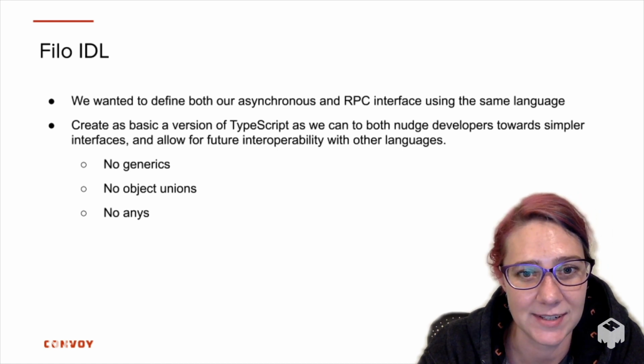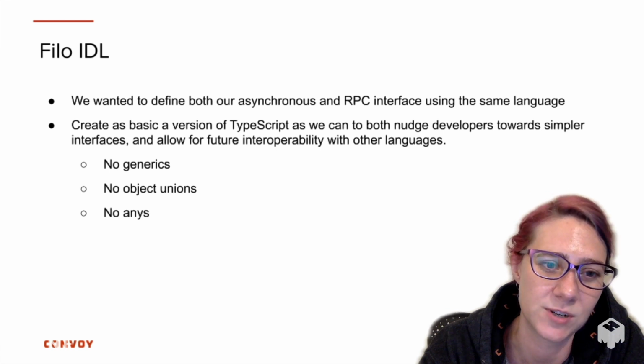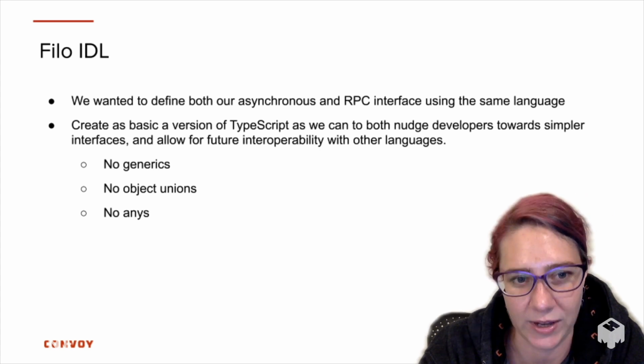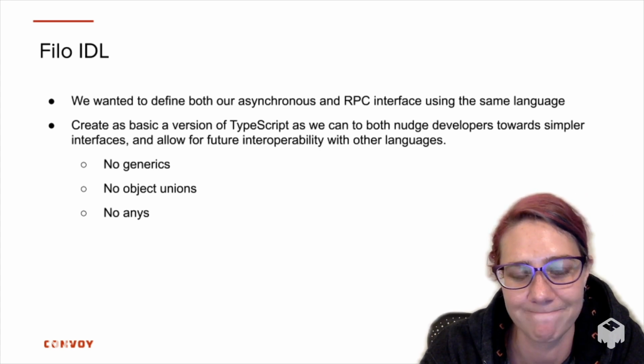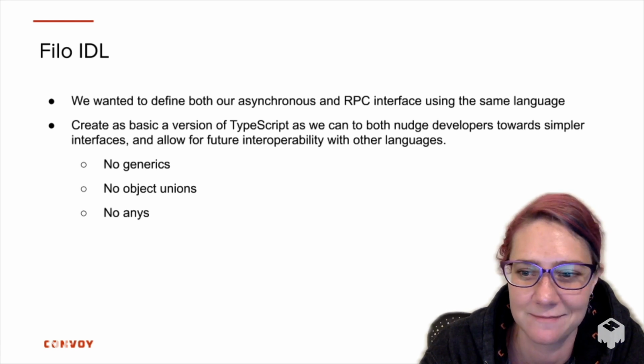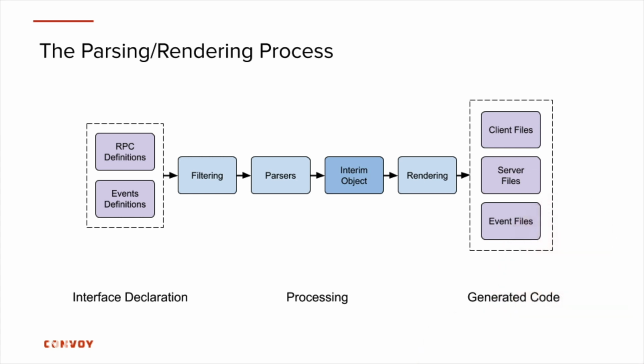TypeScript was a known entity, and we wanted to use a basic version so that we could nudge developers towards simple interfaces and not prevent future interoperability between other languages. What this meant was no generics, no object unions, no any's. So how did we do that?